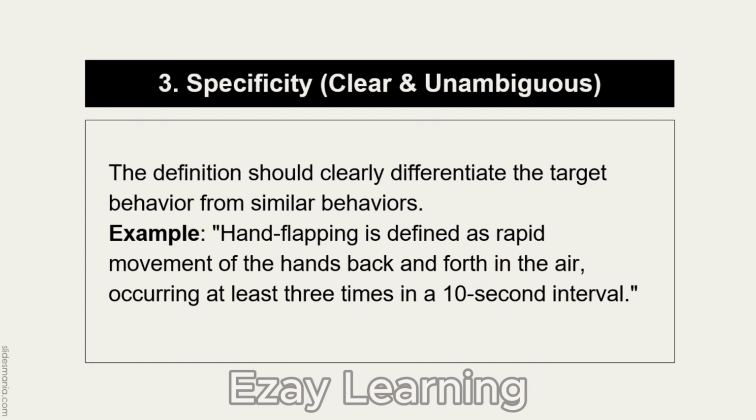Specificity, clear and unambiguous. The definition should clearly differentiate the target behavior from similar behaviors. There could be multiple behaviors occurring in a similar way, so you have to differentiate the target behavior. For example, hand flapping is defined as rapid movement of the hands back and forth in the air, occurring at least 3 times in a 10-second interval.